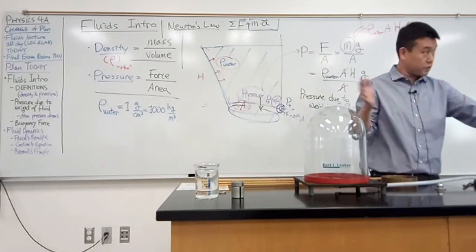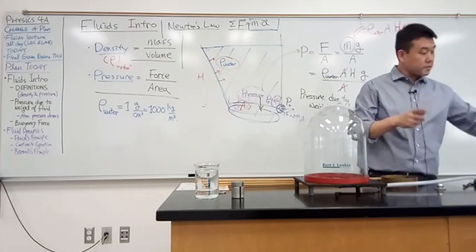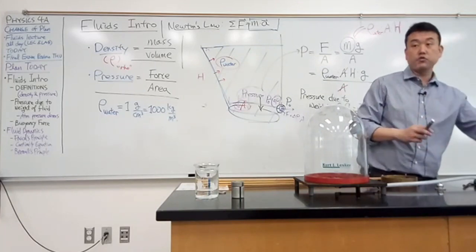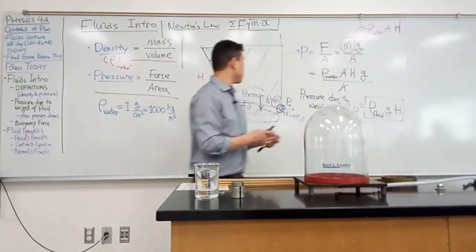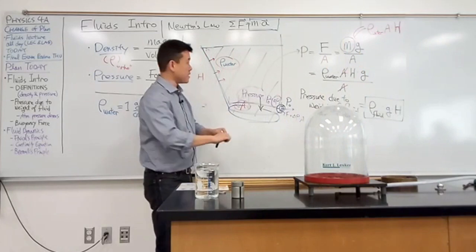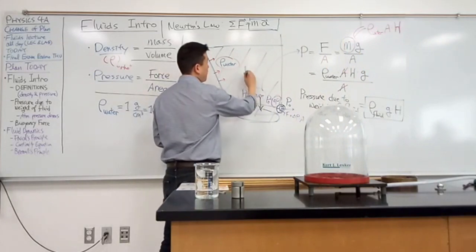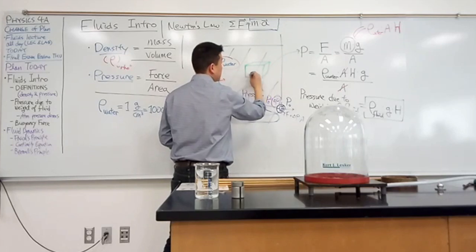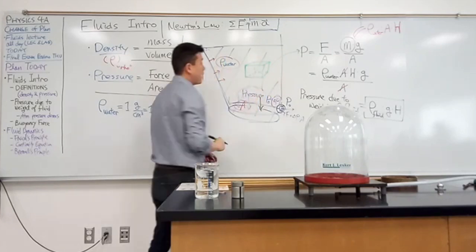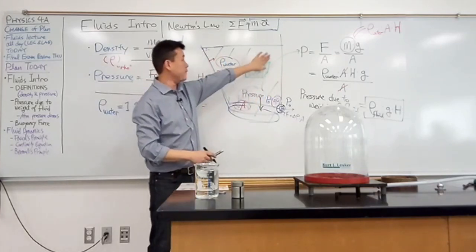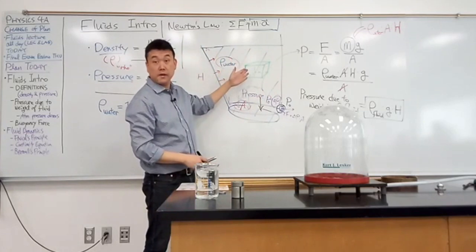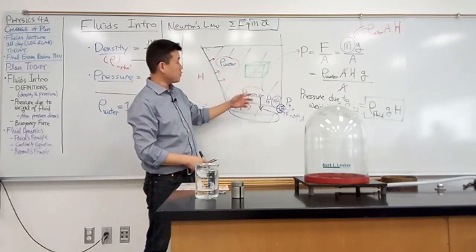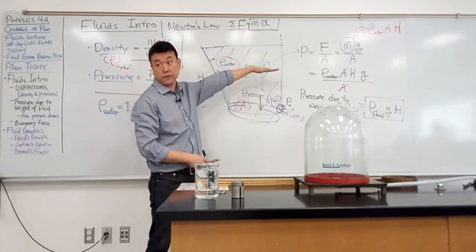There's no direction associated with pressure. The force does have direction, and the direction of force comes from the geometric shape. Imagine you have a cube. You have different pressure at different sides of the wall, and the direction of the force will always be perpendicular to the surface.